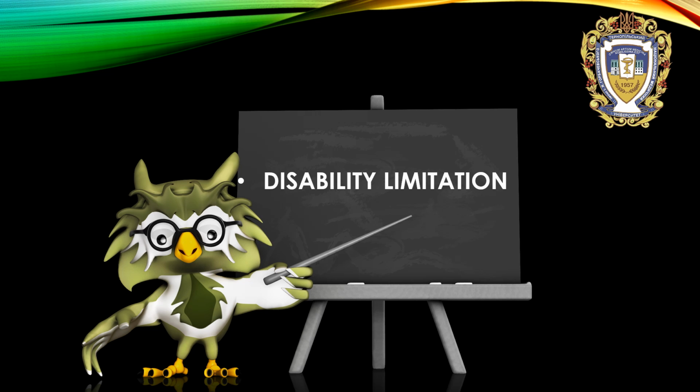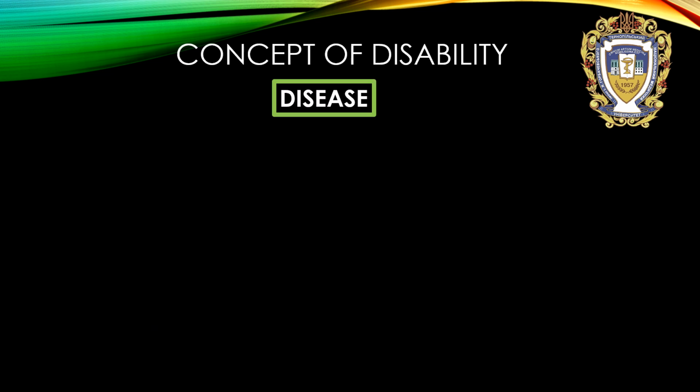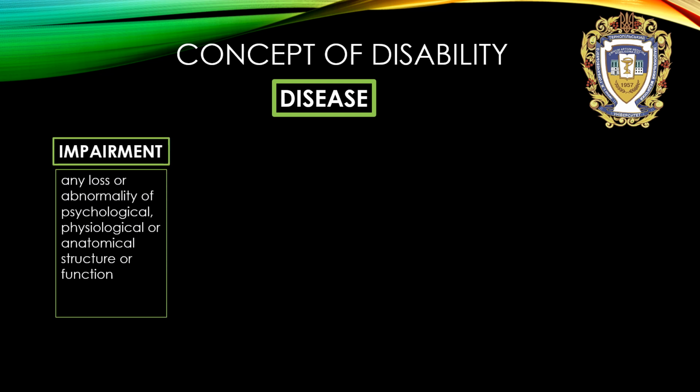Then, disability limitation. I would like to show you a scheme of the concept of disability. Disease includes impairment. What does it mean? It means any loss or abnormality of psychological, physiological, or anatomical structure or function.